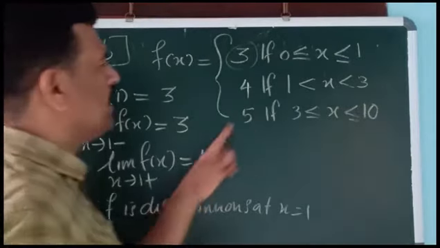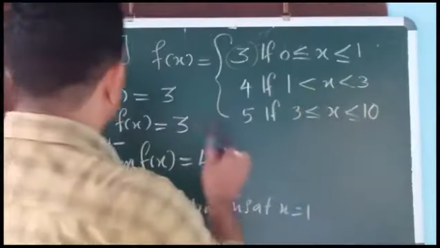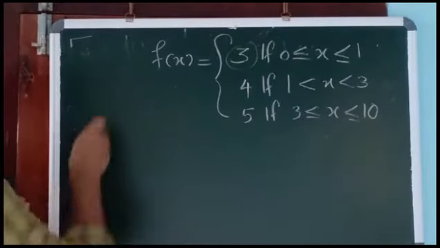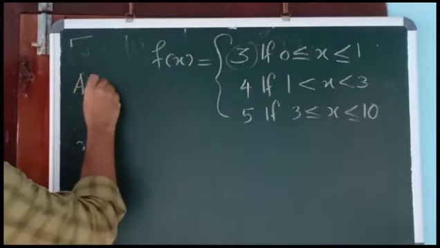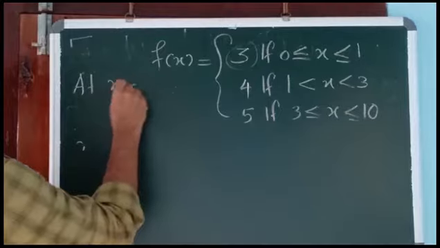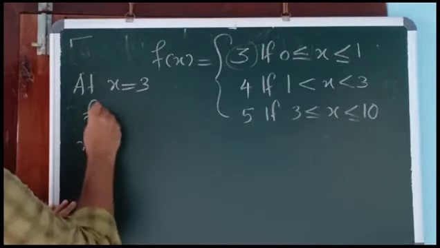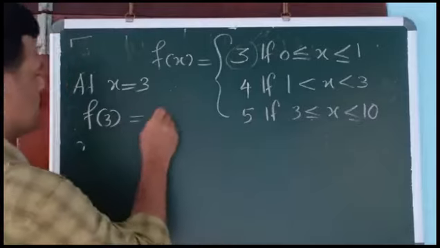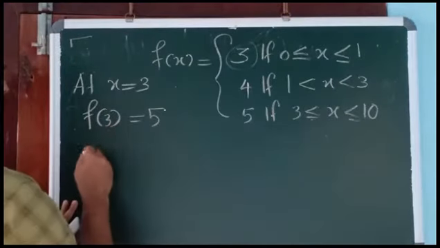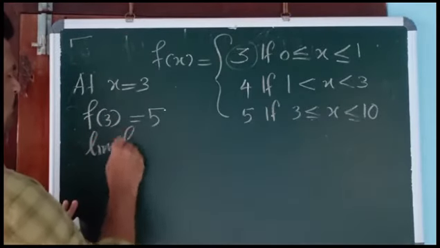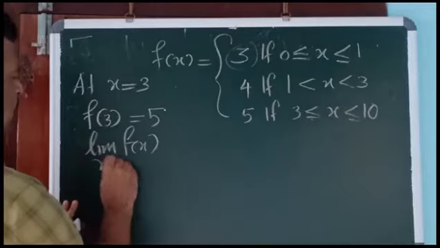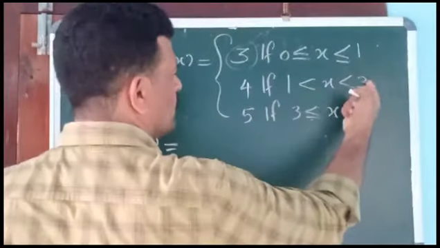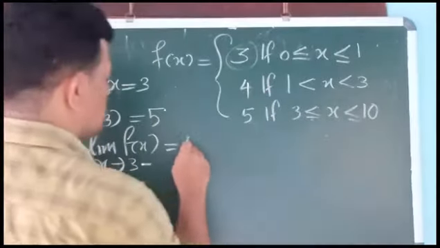Now we have to examine the continuity at 3. At x equal to 3, f of 3 is 5. Now, limit f of x as x tends to 3 minus, that means the left hand limit, x is tending to 3 and less than 3, is 4.